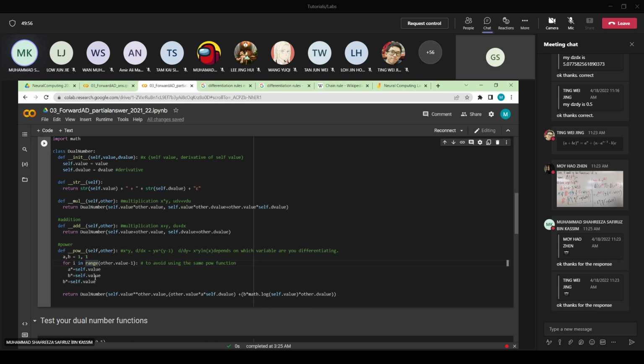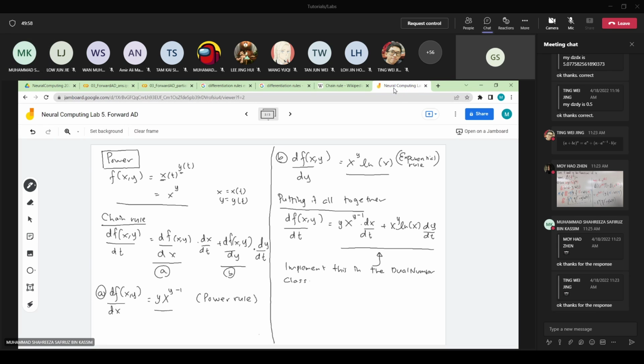This actually implements the power function. This is A, this is B. A is the calculation of x to the power of y minus 1, and B is the calculation of x to the power of y.